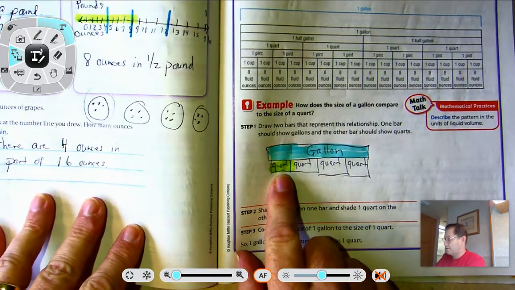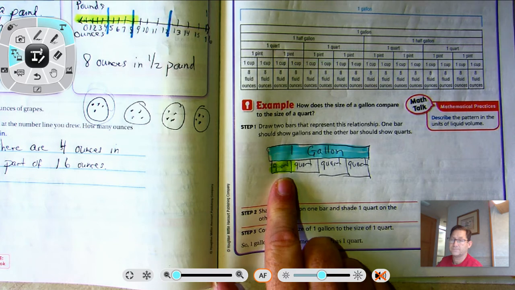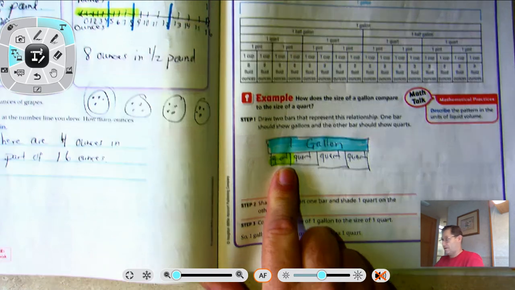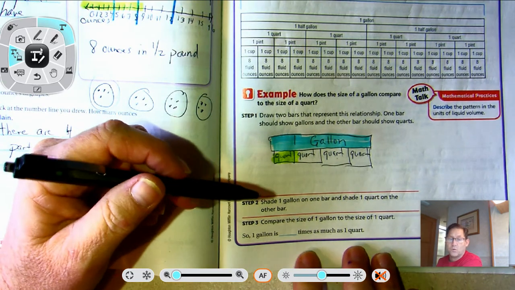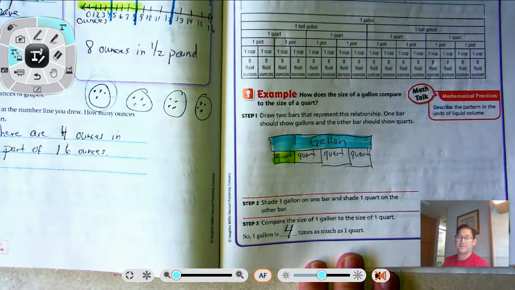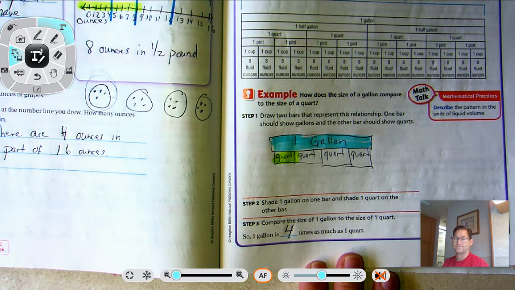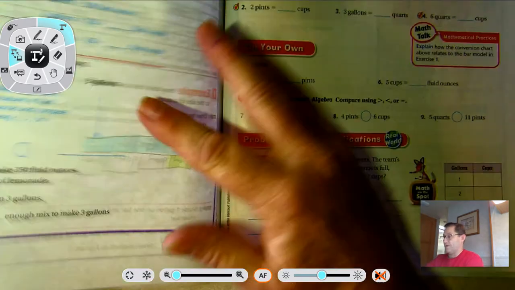Okay, a gallon is 4 times a quart. So compare the size of a gallon to the size of 1 quart. So 1 gallon is 4 times as much as 1 quart.